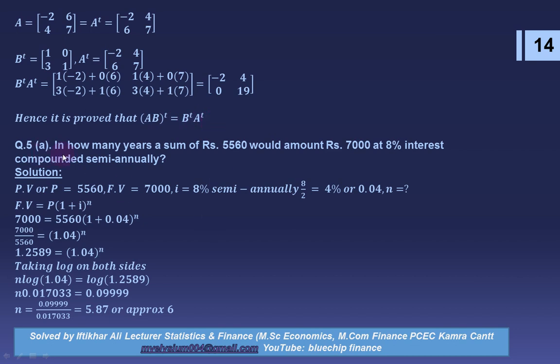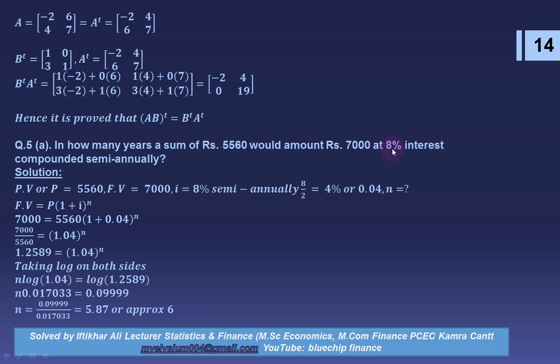Question number 5A: in how many years, so N is missing, a sum of rupees 5560, so present value is 5560, would amount to rupees 7000, future value is 7000, at 8% interest compounded semi-annually. If interest is semi-annual, the annual interest will become 4%, because per annum or yearly it is 8%, and when it becomes semi-annual it reduces to half.